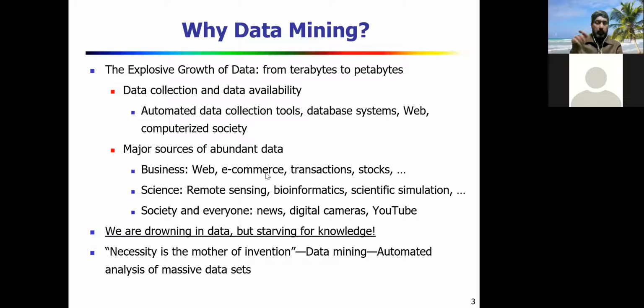We were drowning in data, but starving for knowledge. The idea was that data has nuggets of knowledge within it.